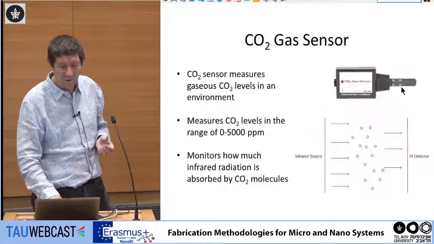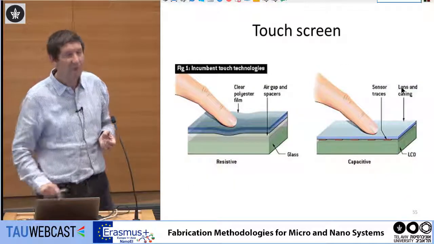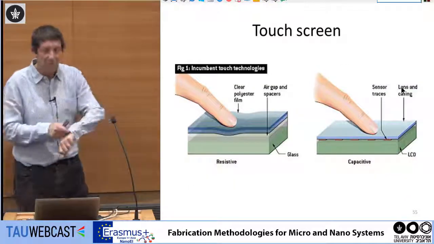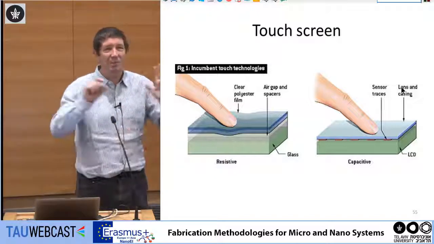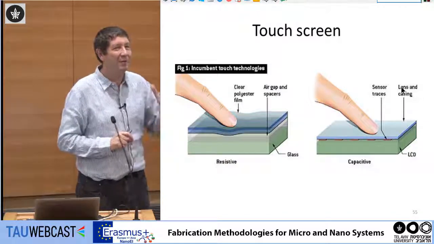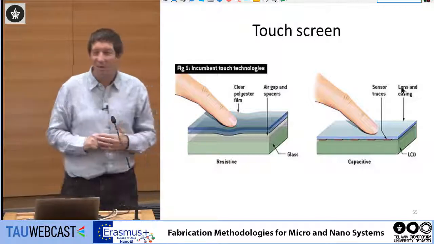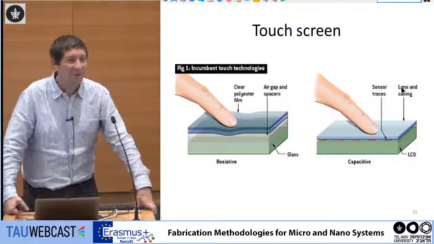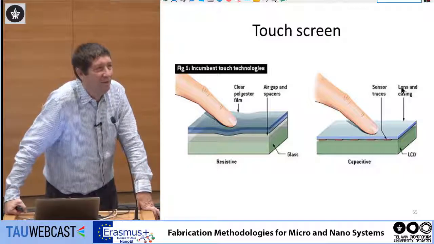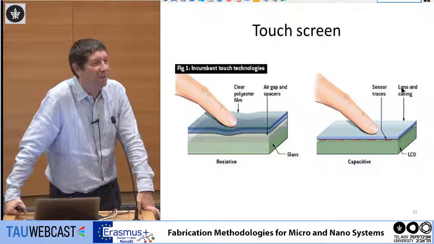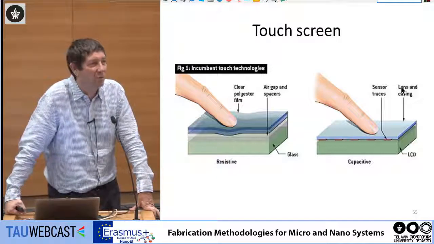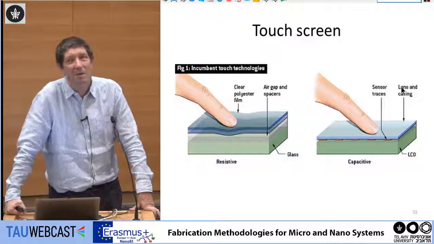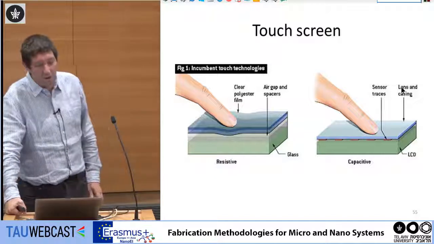So we are going directly to the next part of this lecture. Again, each one of these sensors, I can spend 10, 20 minutes or maybe an hour to show the details. But the common thing for all those sensors is that they can be integrated on CMOS using the technologies that we discussed before, using metallization, electrodeposition, and lithography.